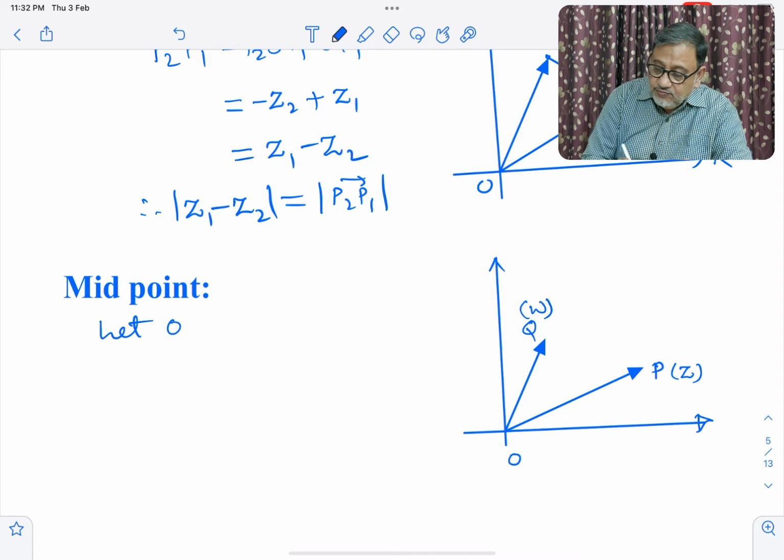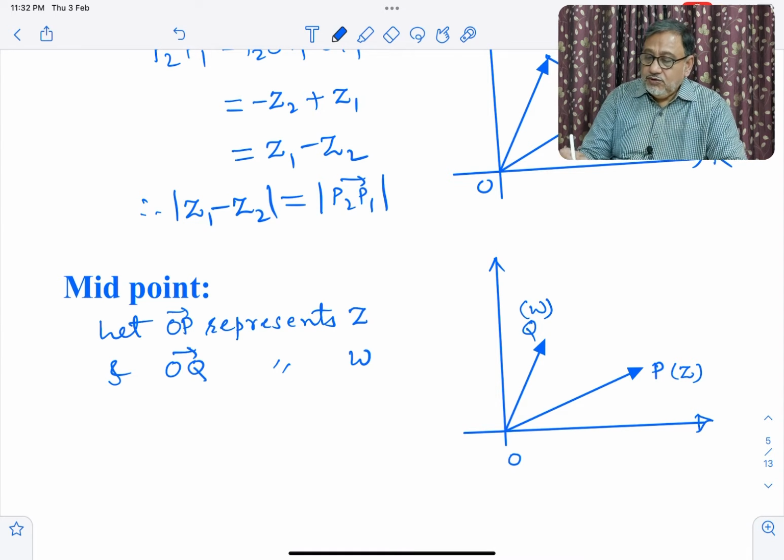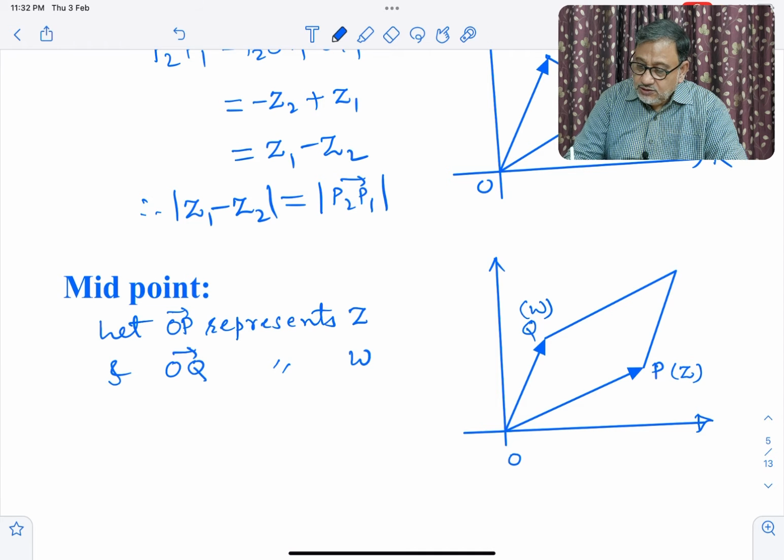So let OP represent Z and OQ represent W. Now look here, what we will do, we will complete the parallelogram by this. Something like this.